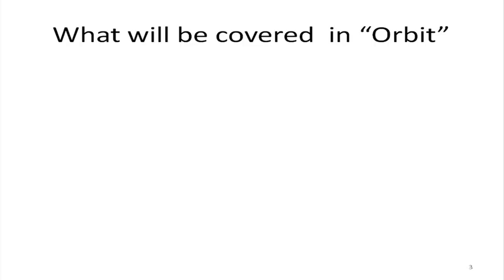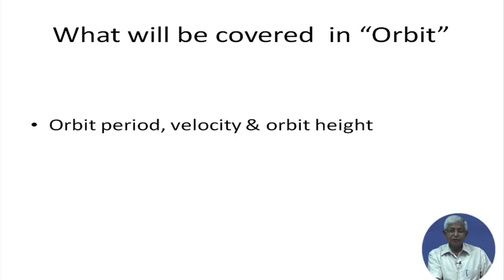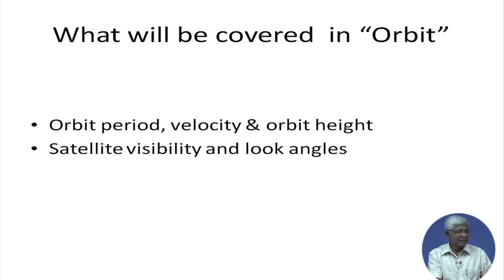Now the basic knowledge about the orbit that we are going to cover in general: one is, at the orbit, what is the velocity of the satellite, what will be the orbital height and the period, and their relations. Also, whether the satellite is visible from the location where you are a user, what is the visibility of the satellite, and in which direction, at which angle you can get that satellite.